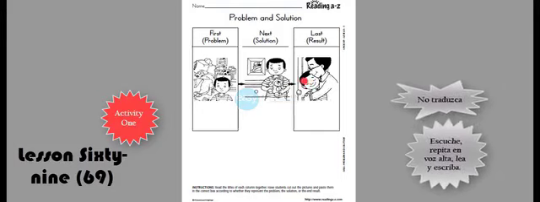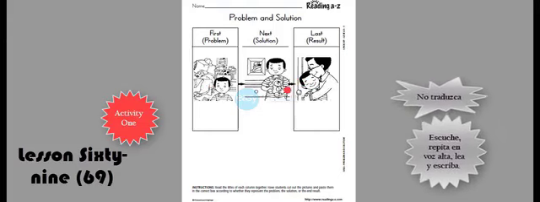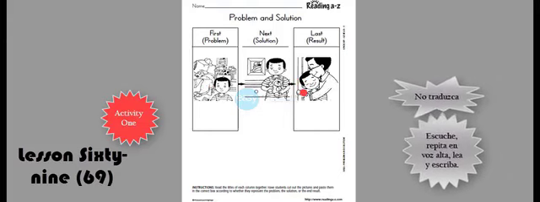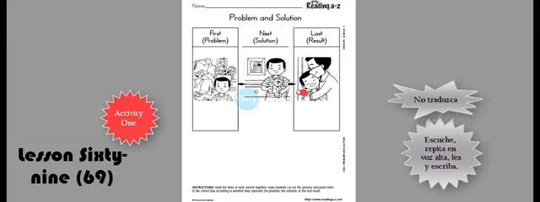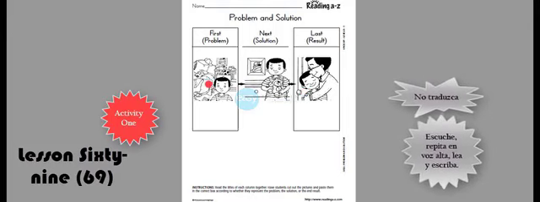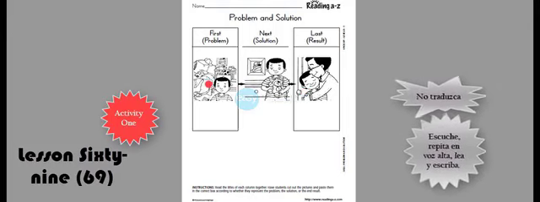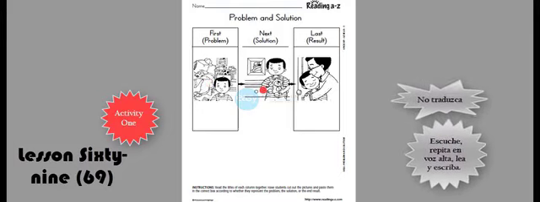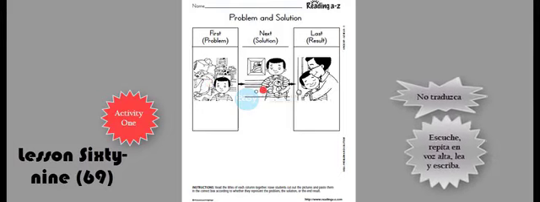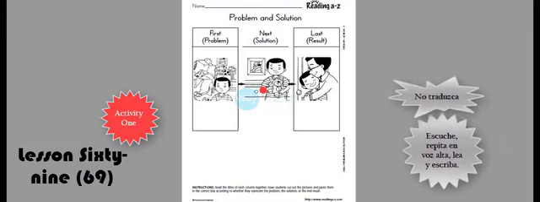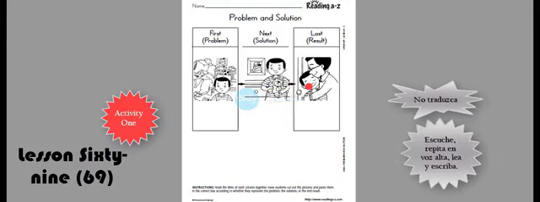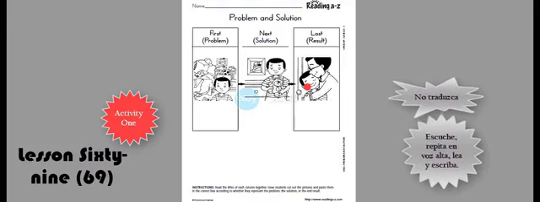Ahora voy a describir cada una de estas situaciones o voy a describir la historia en general. Ahora, el problem ya es pasado. The solution también es pasada. The result can be past or can be present.